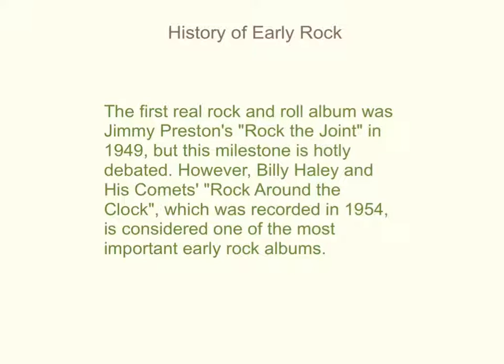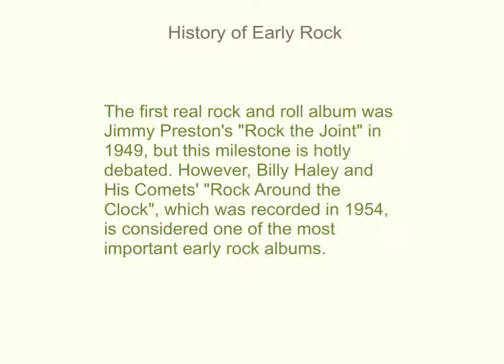Although it is up to speculation and is a hotly debated topic, the first real rock and roll album is considered to be Jimmy Preston's Rock the Joint from 1949. However, the rock and roll style was not set in stone for a long time, and even though Rock the Joint exhibits some elements of rock and roll, it does not exhibit all of them.